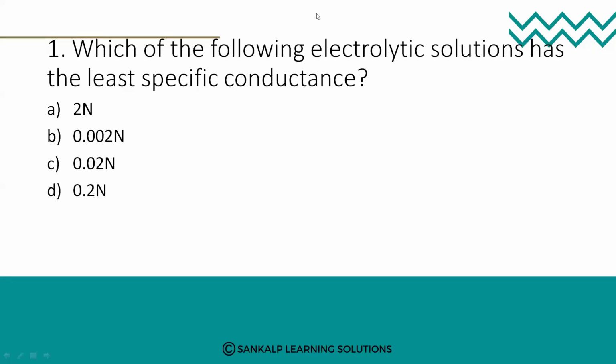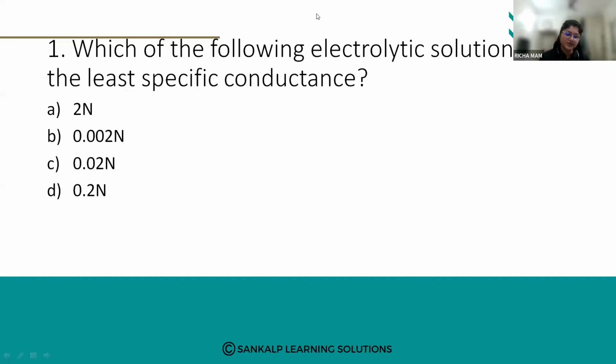We have studied different concepts in this chapter: galvanic cell, electrochemical cells, electrode potential, reduction potentials, and the measurements of electrode potential.